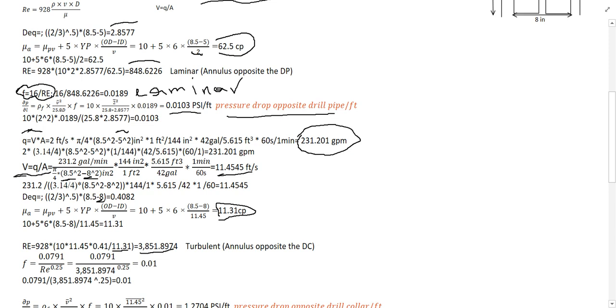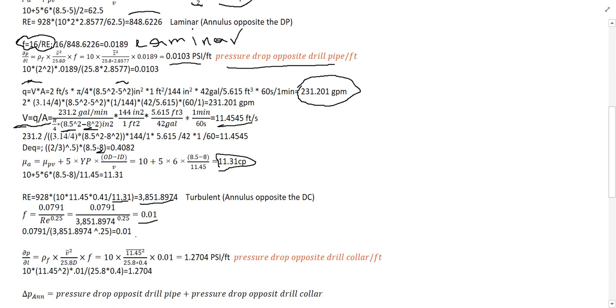Now, using the Blasius correlation, because it's a turbulent regime, we have the Reynolds number, we can find the friction factor F. After finding F, we can use the turbulent regime equation for the annulus opposite of the drill collar. Rho is 10, the velocity is 11.45 for the drill collar, and the equivalent diameter for the drill collar we found 0.5, multiplied by the F for this part, the annulus opposite of the drill collar, which is 0.01.